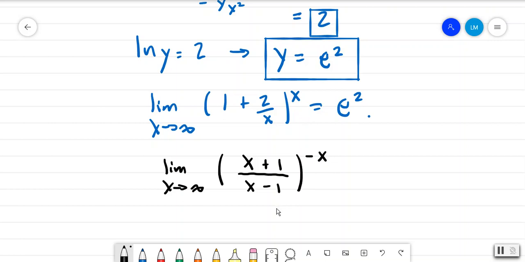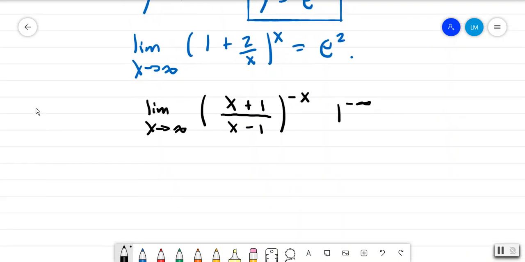Well, in this case, this is going to minus infinity, but the base is going to 1, and then you have minus infinity. So the question then becomes, what would you do? That's what I mean by it's probably best not to generalize it and just try to work it out. But there is a trick to this.